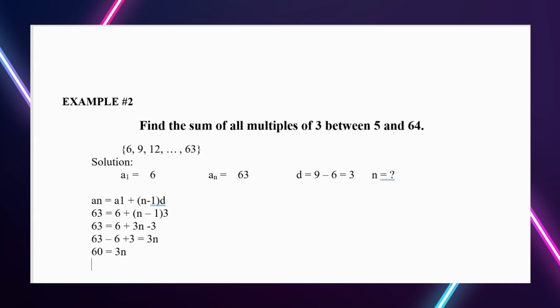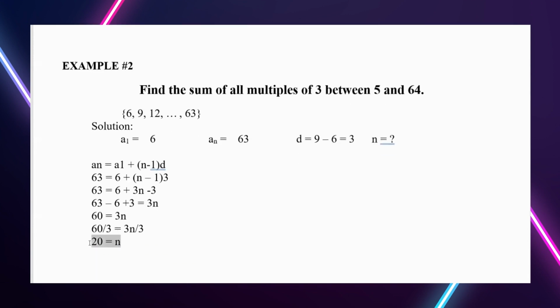So divide both sides by 3 is equal to 3n divided by 3. Therefore, 20 is equal to n. So we now have the value of n, which is 20. Dahil meron na tayong value ng n, mako-compute na natin ang sum ng multiples of 3 between 5 and 64.